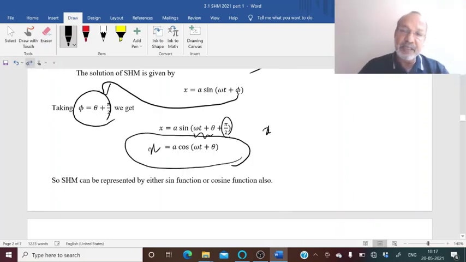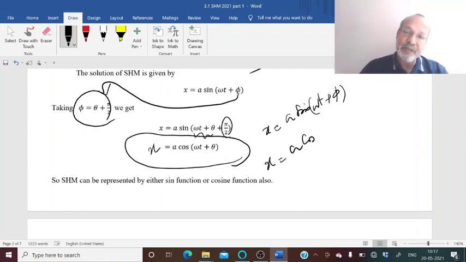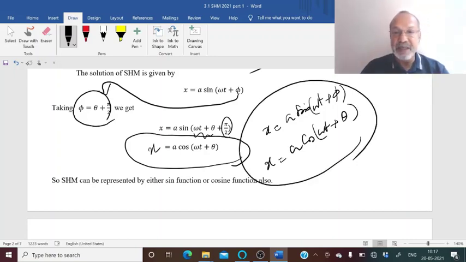Both x is equal to a sin(omega t plus phi) and x equal to a cos(omega t plus theta) represent a simple harmonic motion, and only these two trigonometric functions represent SHM. The other trigonometric functions like tan, cot, secant, cosecant will not represent any simple harmonic motion.